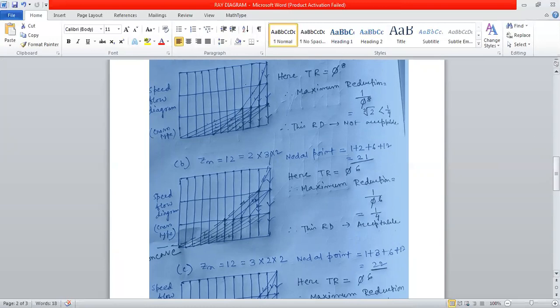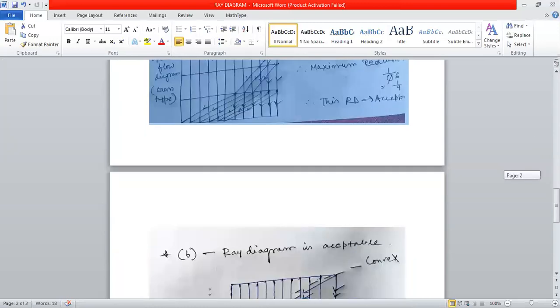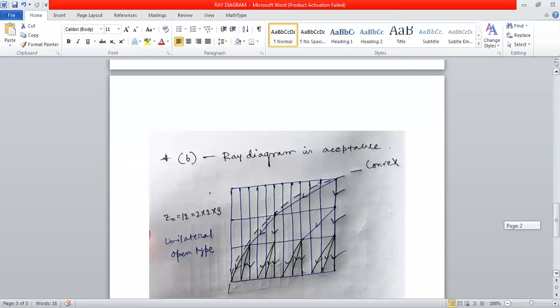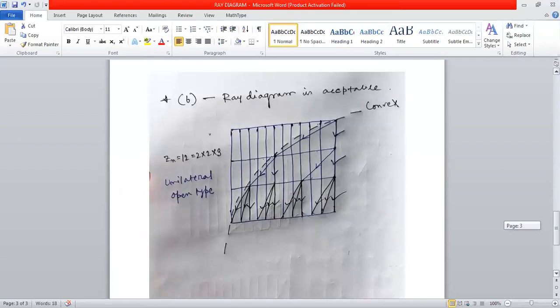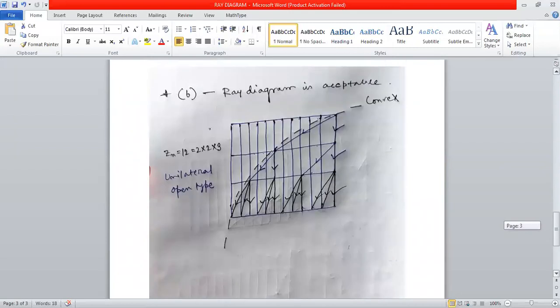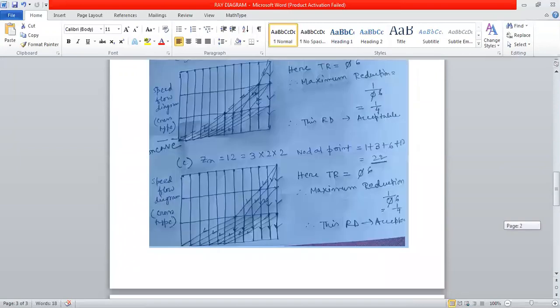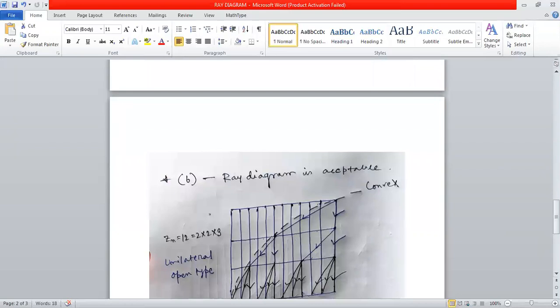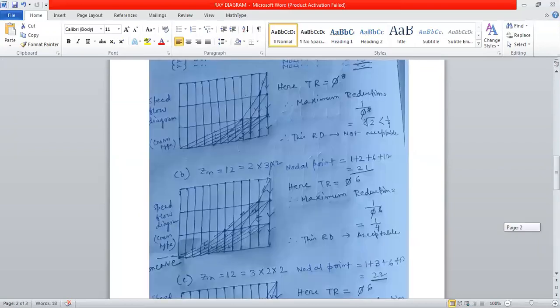Then after that we have to show the economic feasibility. So we have to draw the unilateral open type ray diagram also. Then we choose which is economically feasible, unilateral open type or unilateral cross type.